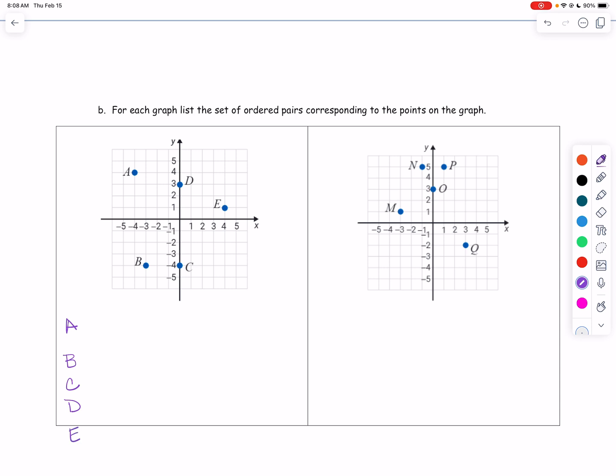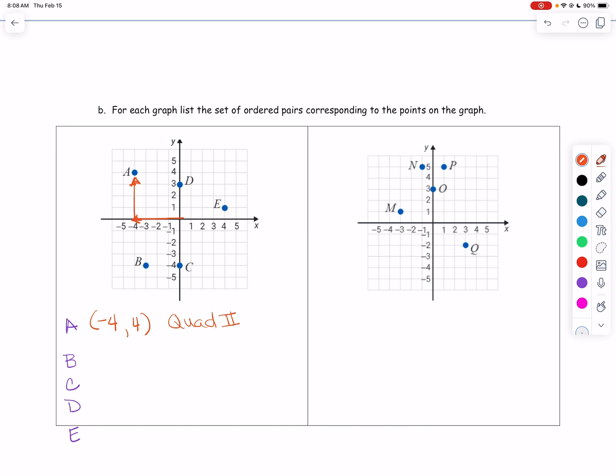Okay. And A is at -4 on the x-axis, and then it is at +4 on the y. And then if we wanted to, we would say that is in quadrant 2.